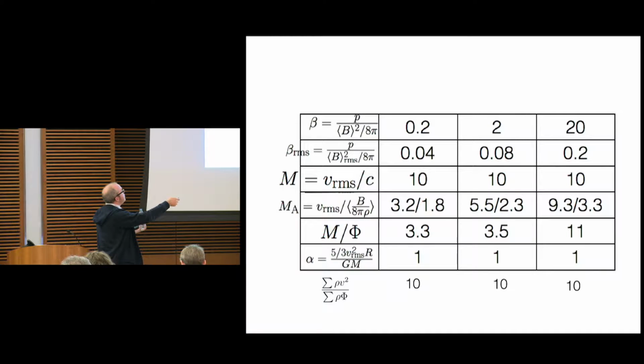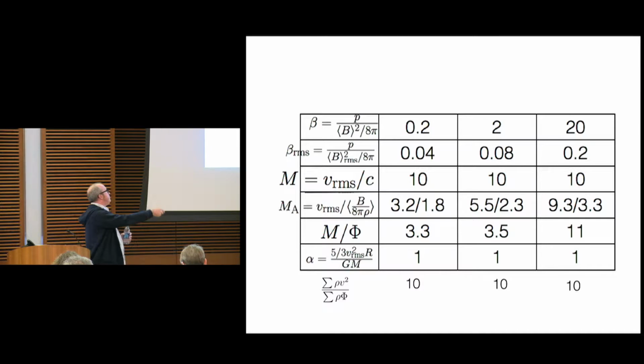So our RMS betas are 0.4, 0.8, and 0.2. Our Mach numbers are about 10. The Alfvén Mach numbers are, again, depending on what you measure, 3 or 1.8, so kind of trans-Alfvénic, 5 or 2 and 9. So this is a pretty super Alfvénic simulation. And our mass to flux ratios are moderately supercritical to largely supercritical.